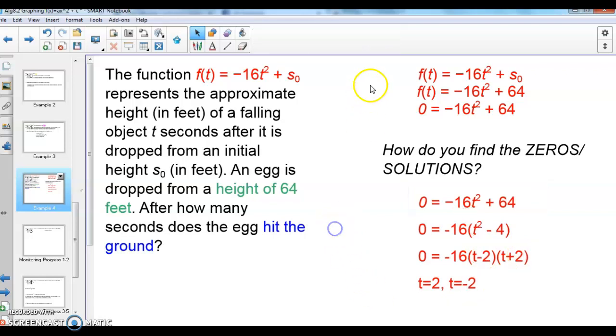In this case, we are only looking at the positive solution because we're solving for time. So we know that after 2 seconds, the egg has finally reached the ground. So that's just an example on the application of using quadratic functions in some real life scenarios.